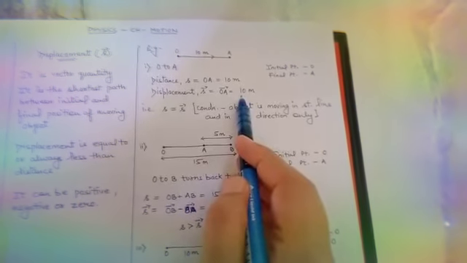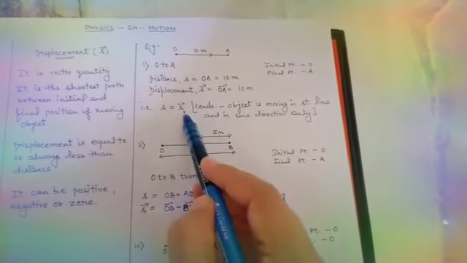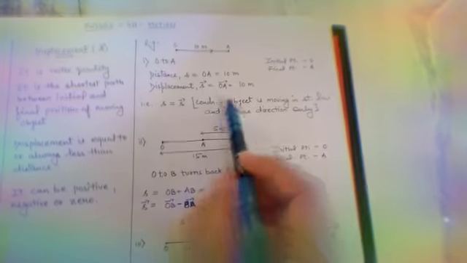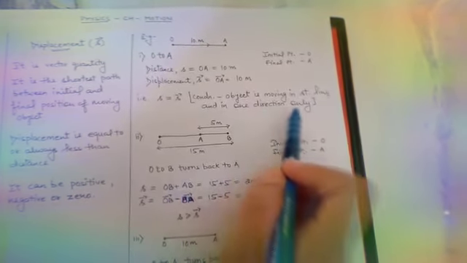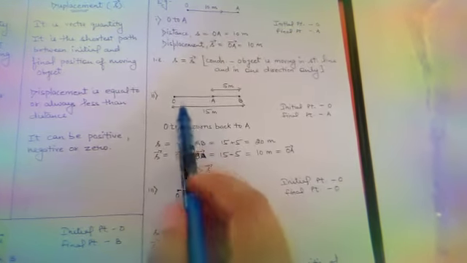So here we have seen distance and displacement are equal, but the condition is that the object is moving in a straight line and in one direction only.